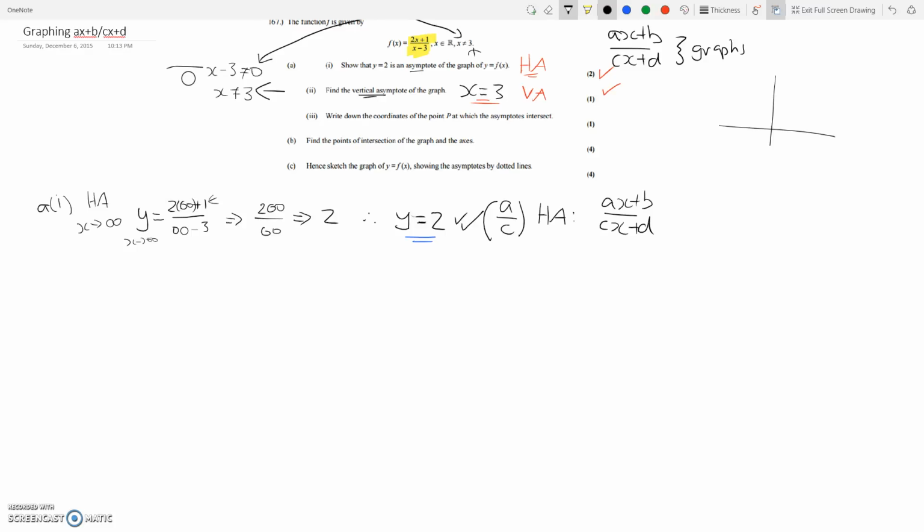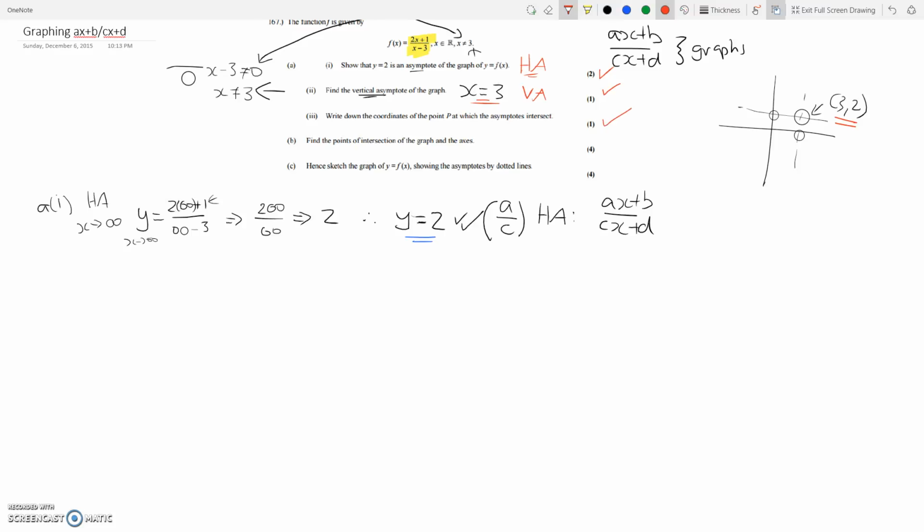So let me just briefly sketch it. And there's a horizontal asymptote at y equals 2. That's x equals 3, that's y equals 2. Therefore there has to be an intersection at this particular point, which is 3, 2, which is basically what the horizontal asymptote is and what the vertical asymptote is.